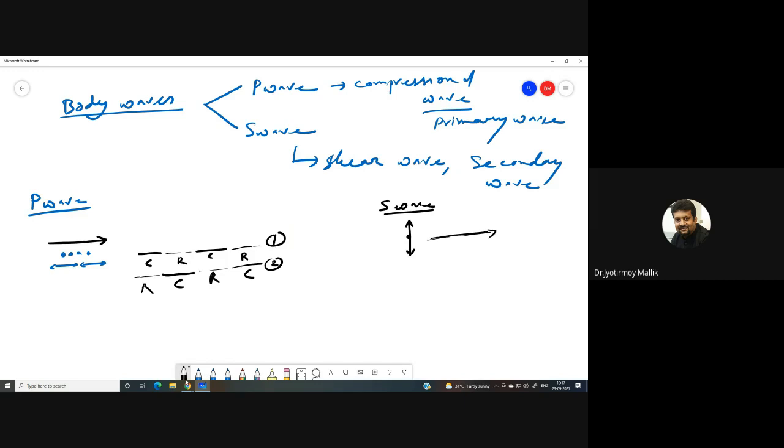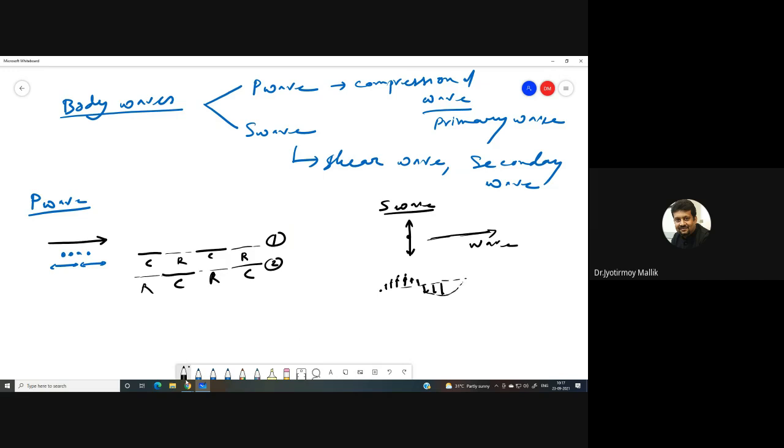If this is the direction of wave propagation, then individual particles will oscillate perpendicular to it. So I will observe some of the particles oscillating like this, and in the second place, the oscillation will be in the opposite side.